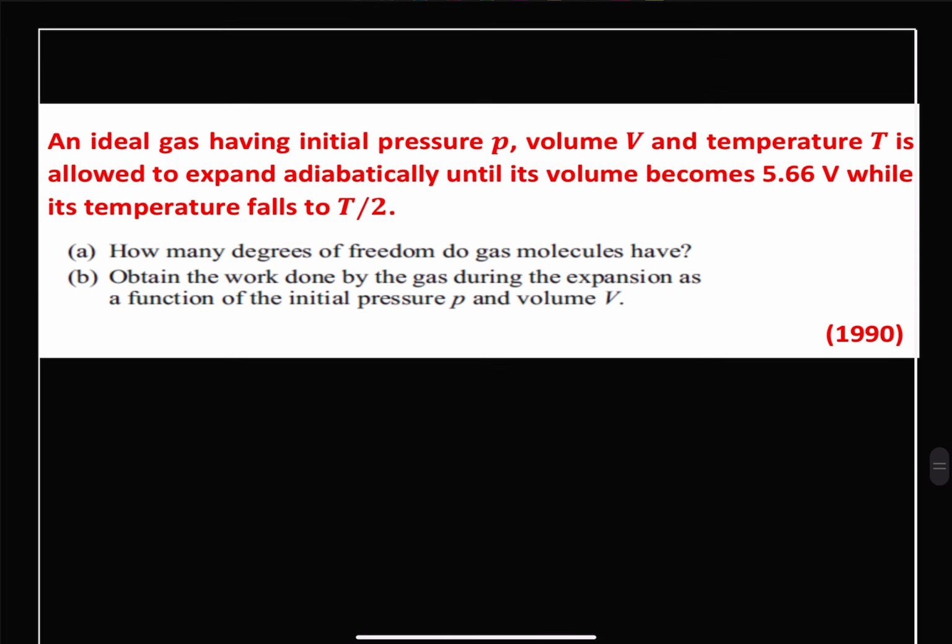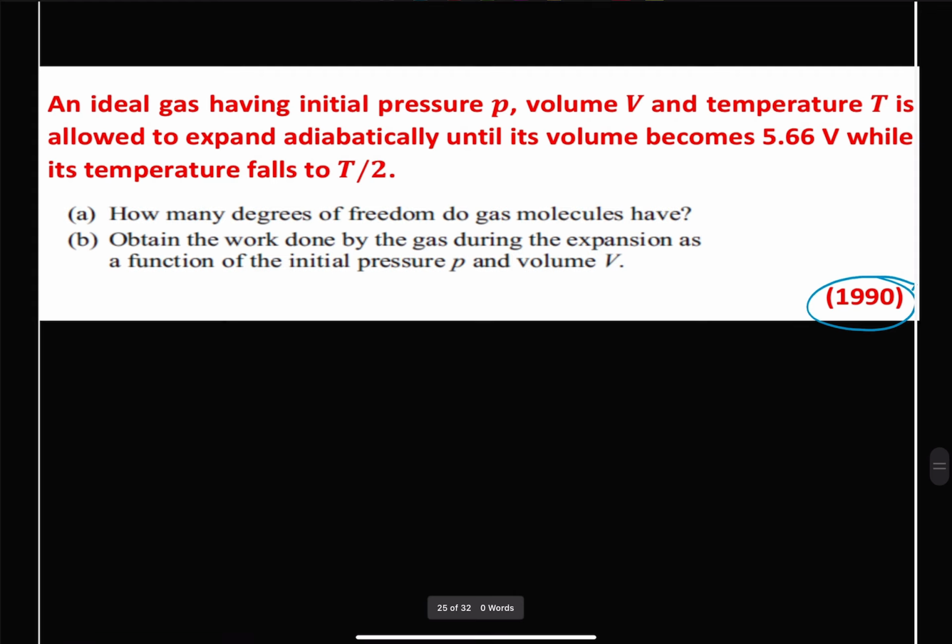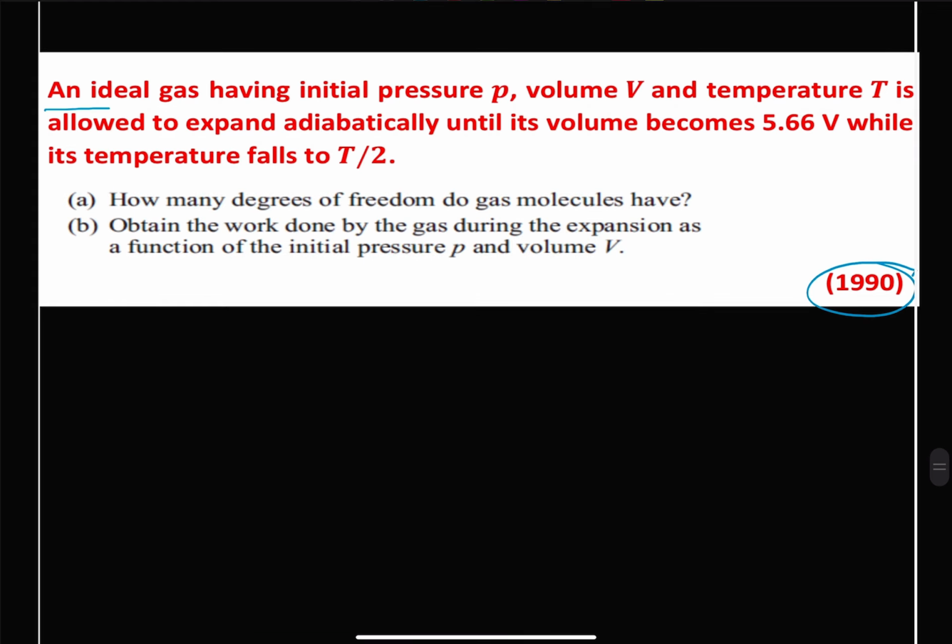Next question. It was asked in the year 1990, and it states that an ideal gas having initial pressure P, volume V and temperature T is allowed to expand adiabatically until its volume becomes 5.66 V while its temperature falls to T by 2.